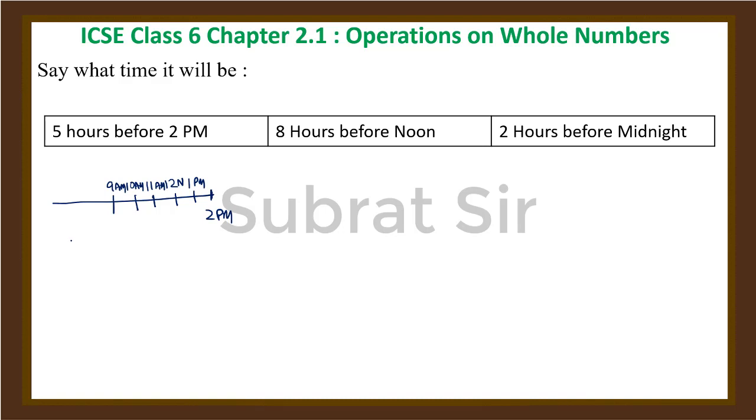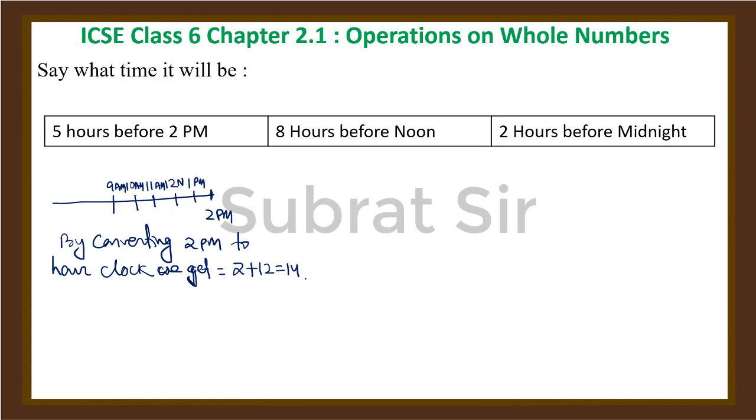Okay, so by converting 2 p.m. to 24-hour clock, we get 2 plus 12 equals 14.